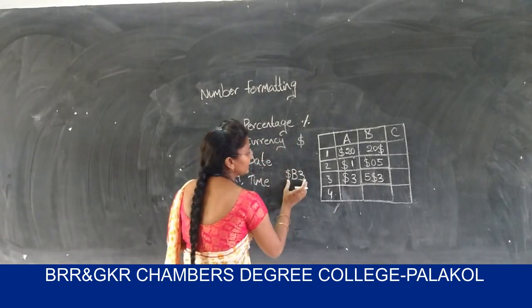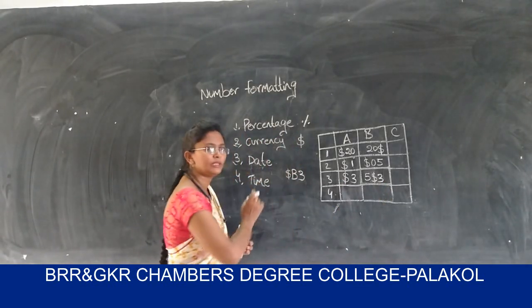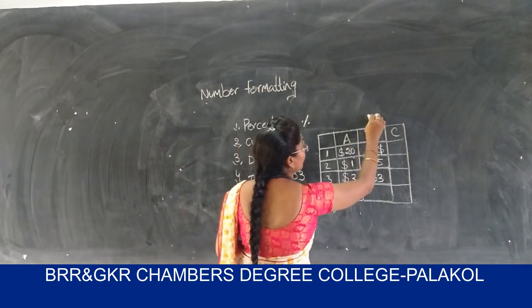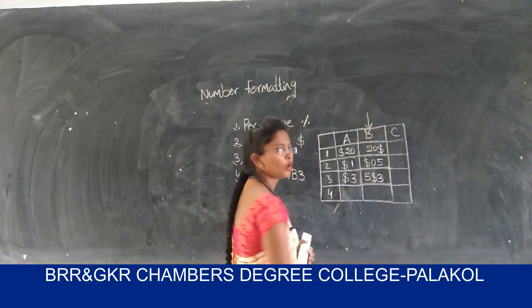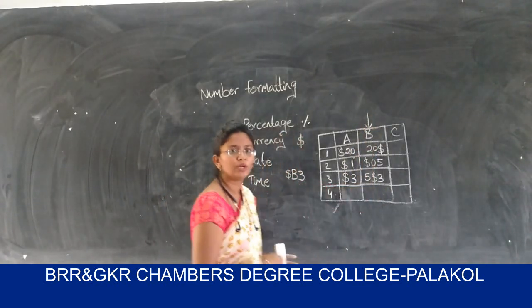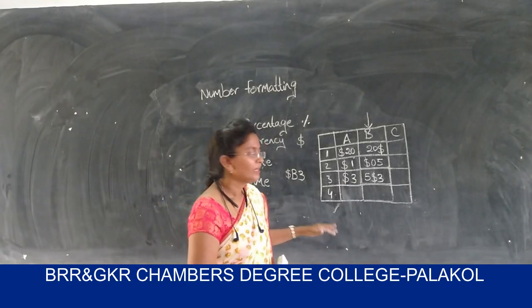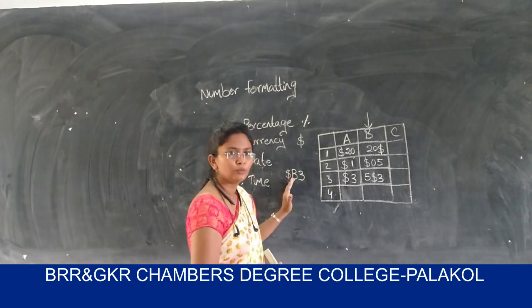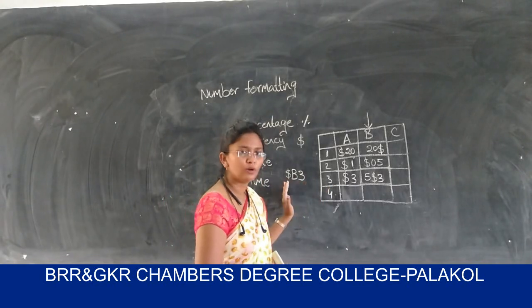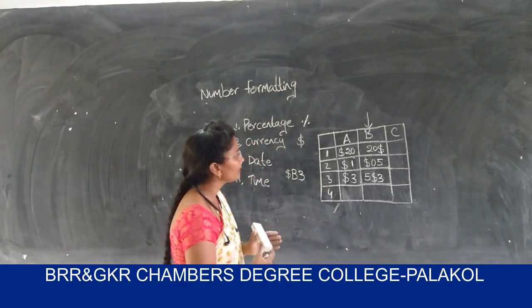If I take the data as $B3, it means the entire B column is locked, and we cannot change that one. This is the way to lock the sections or cells.